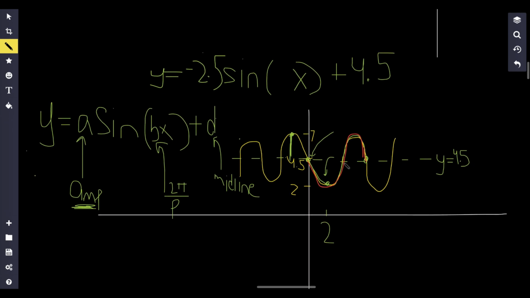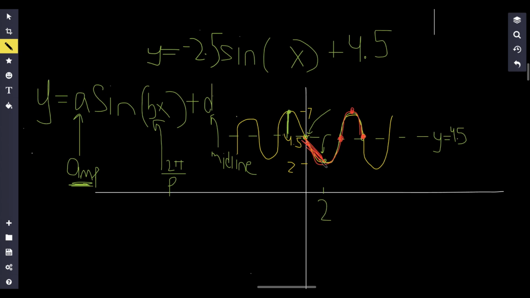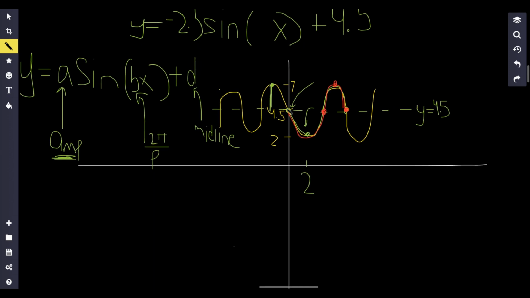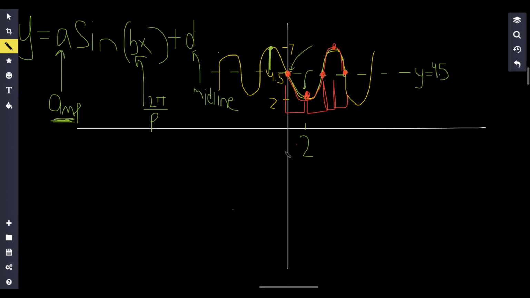Well, notice how there's 4 parts to it, right? This right over here represents the distance from one critical point to the next critical point. But remember, we said how there's 4 sections in one period, right?